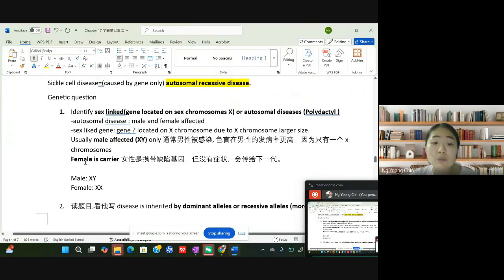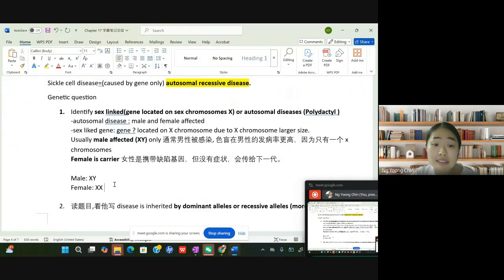In females, it's always a carrier, unless both of the sex chromosomes, the X chromosomes, carry the mutant alleles. Then they will show the sign. But if the female has only one X chromosome carrying the mutant allele and the other X chromosome is normal, she will not show the sign, but she will pass on the mutant allele to the next generations.